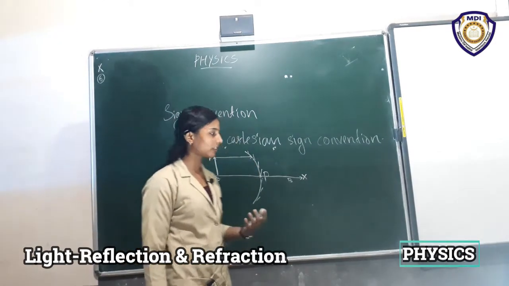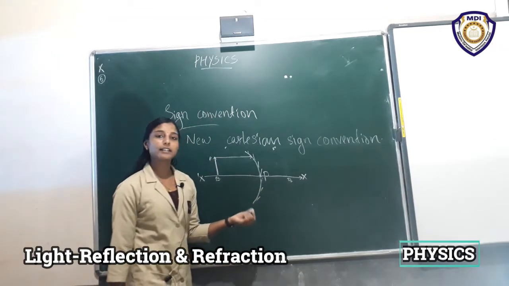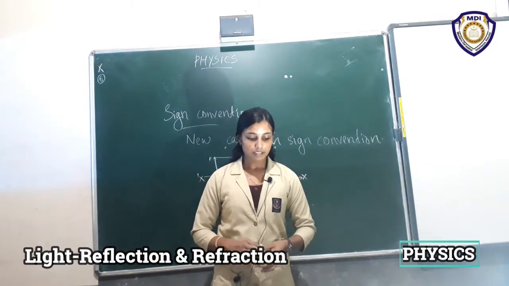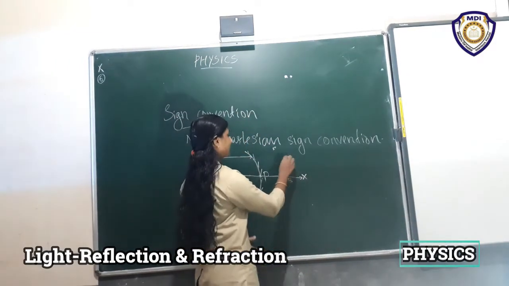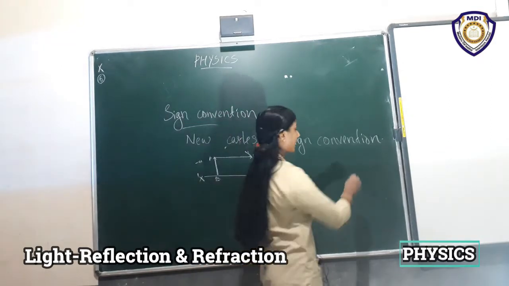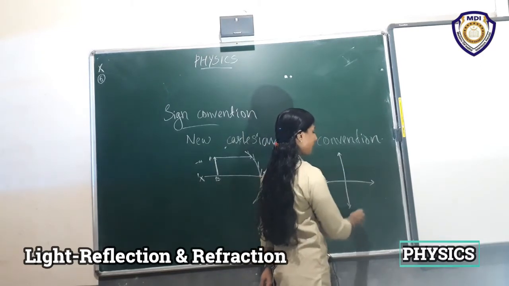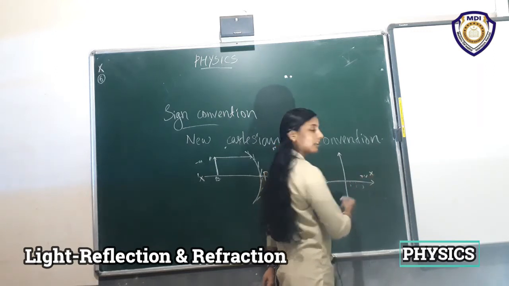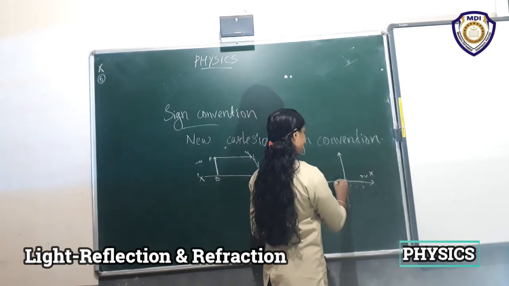And the third one is what? It says all the distances measured to the right of the origin, that means along the positive x-axis. This is the positive x-axis and this is the negative x-axis, as in our normal Cartesian coordinate system. We already know this is the positive x-axis, here we have 1, 2, 3, positive values, and from here -1, -2.